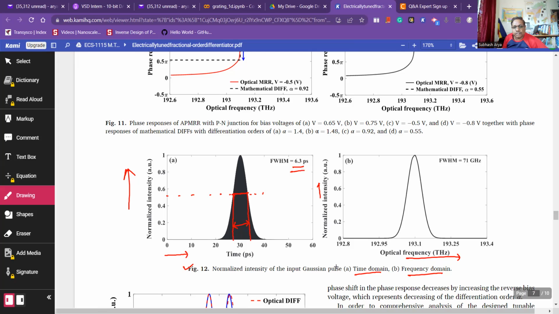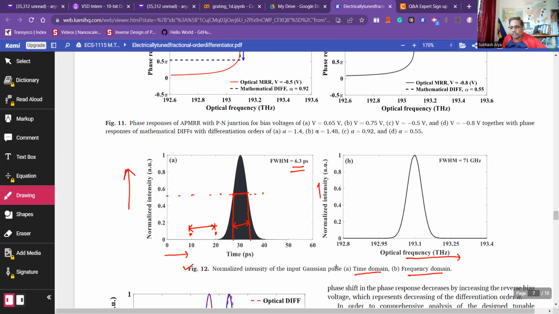So the unit is picosecond. You can see from here that this region is about 10 picosecond, and this is an approximation. So this is about 6.3 picosecond. You can easily say if this is 10, then this must be about 6. So 6.3 picosecond is a rough estimate you can make from this.